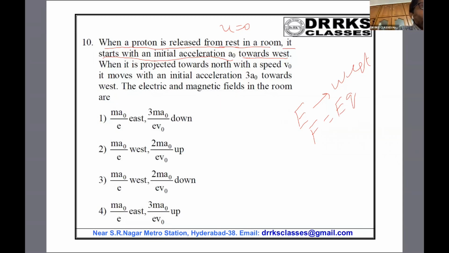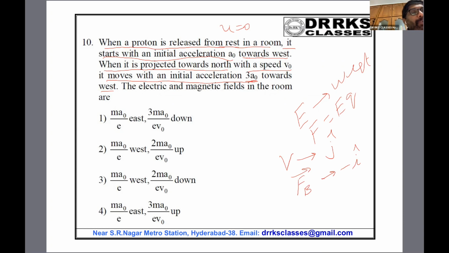But when it is projected towards north, that means the velocity direction is j cap, with a speed v naught, it moves with initial acceleration 3a naught towards west. That means the magnetic force direction is minus i cap. West is minus i.